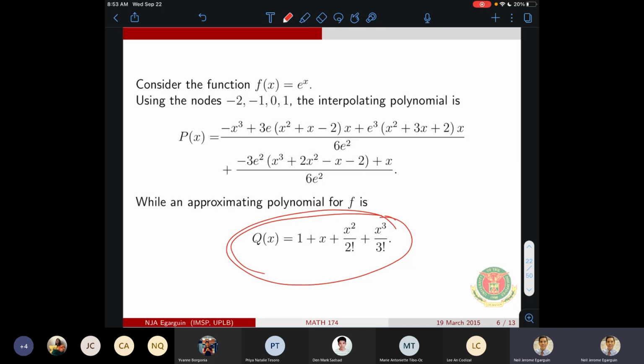Or hindi pa rin gumagana ang brain cells? Or nasa bed pa kayo? All right, anybody who recognizes this polynomial q? Paano ko kaya na-derive yan? Come on, guys.